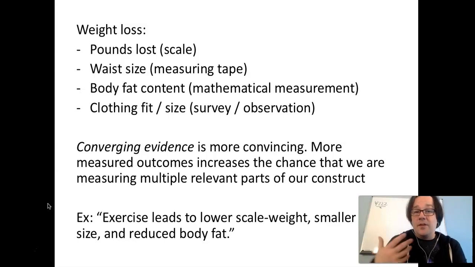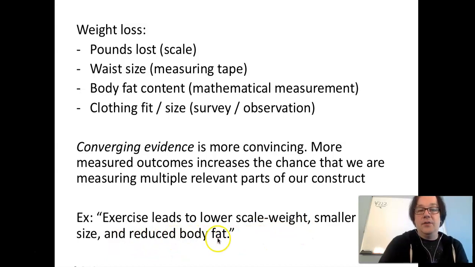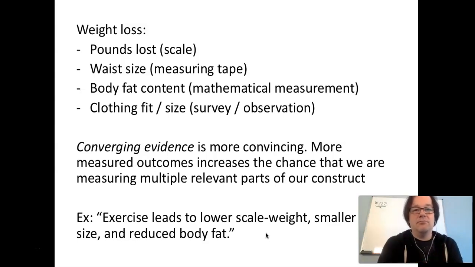So another way that we can restate this research statement or hypothesis is by saying that exercise leads to lower scale weight, smaller waist size, and reduced body fat, right? That's a much stronger and more convincing hypothesis and statement than exercise leads to weight loss, right?